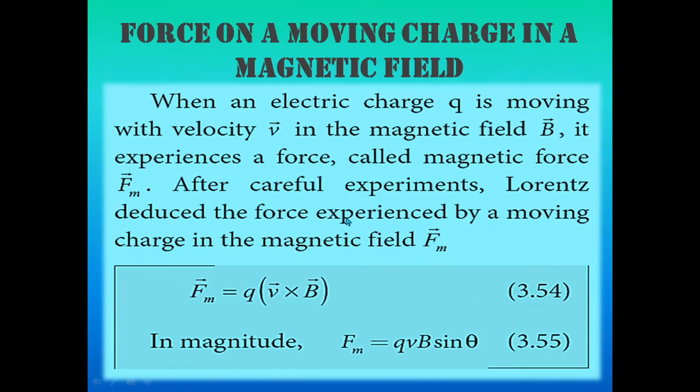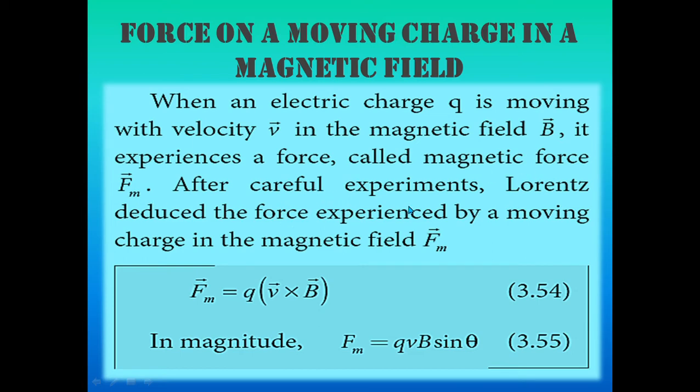The next topic is force on a moving charge in a magnetic field. When an electric charge Q is moving with velocity V vector in the magnetic field B vector, it experiences a force called magnetic force Fm vector.